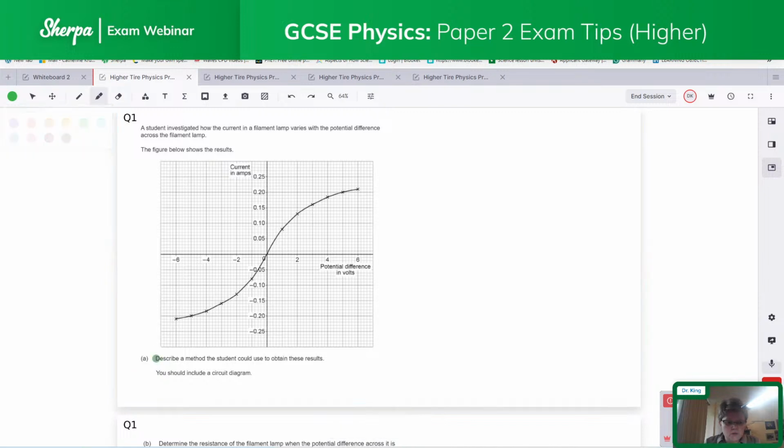First, they ask you to describe a method, so they ask for a step-by-step description. The best and easiest way is to do that in bullet points.